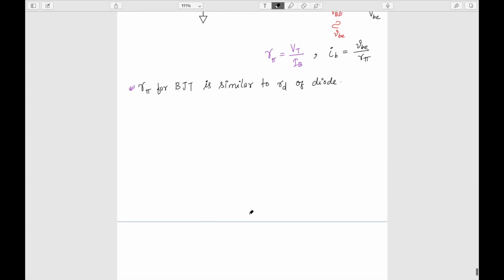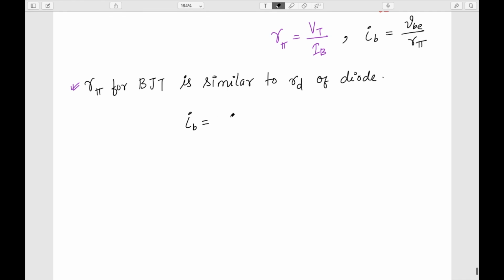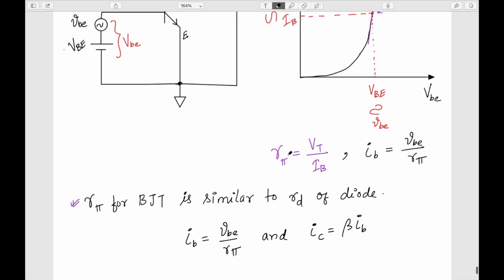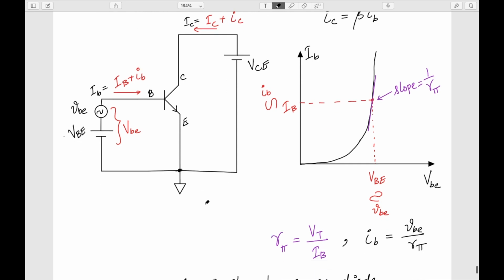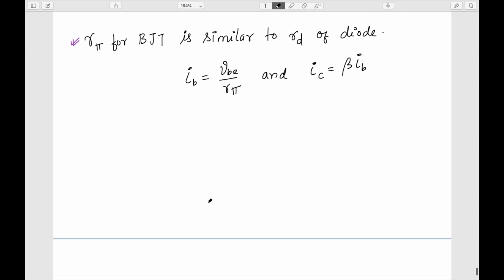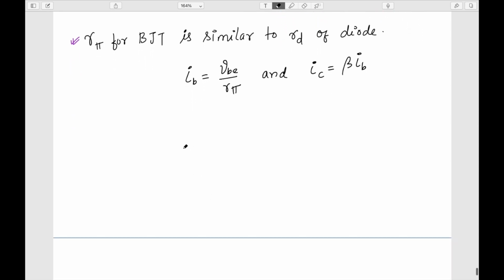So these are the two equations that we have got for the BJT, and they capture the relationship between these three changes: the VBE, which has produced this small IB, and because of the small IB, I have this IC. So let's try to represent these two basic equations with a simple model.